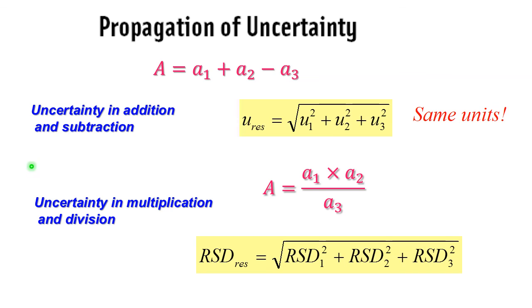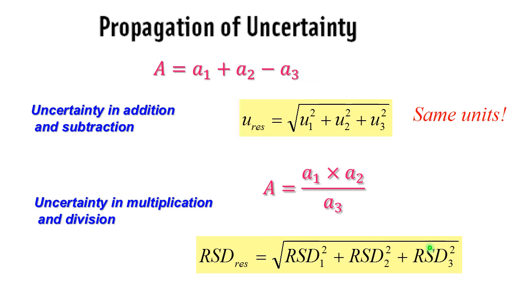If you do multiplication or division, or both, you do exactly the same operation with relative uncertainty. The relative uncertainty of your result will be the square root of the relative uncertainties of each component, squared and added.